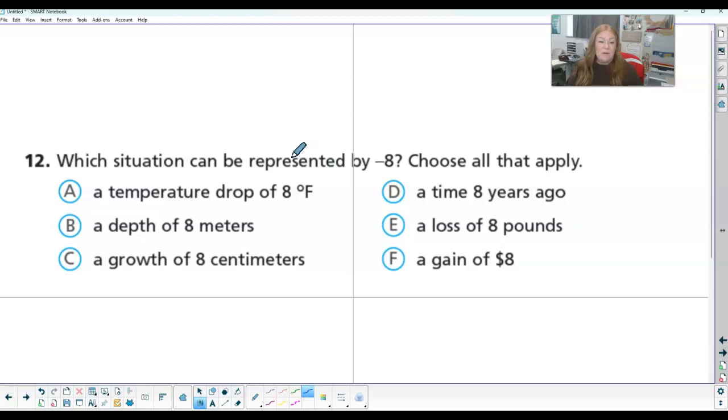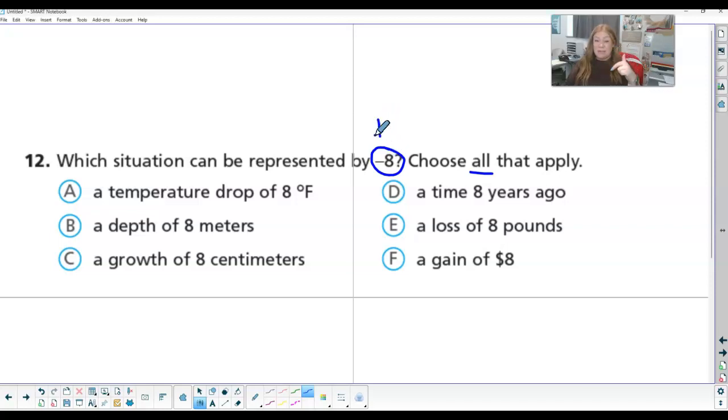And number 12, which situation can be represented by -8? Choose all that apply. So there's more than one answer here. Anything that means down 8, -8. So the temperature drop of -8. We don't know that this necessarily means it has to be -8.